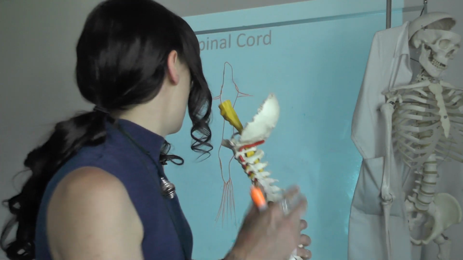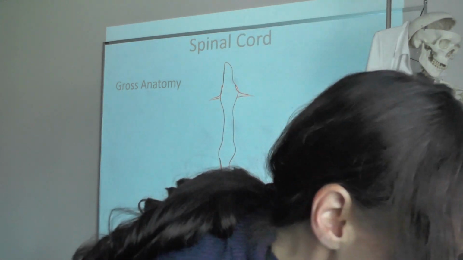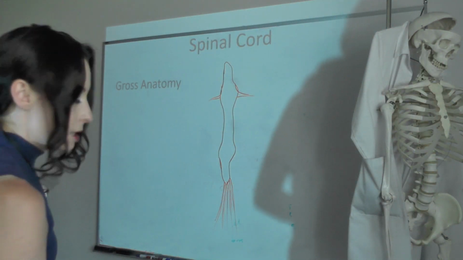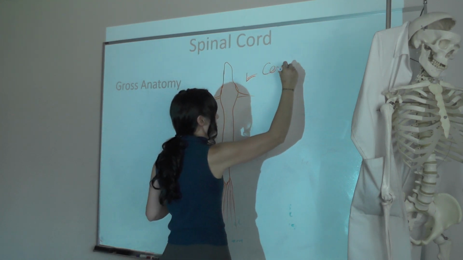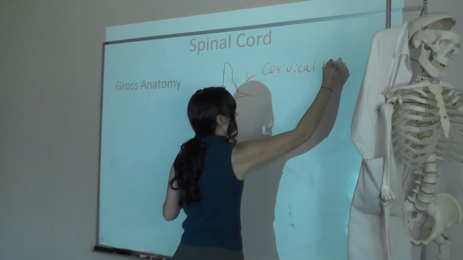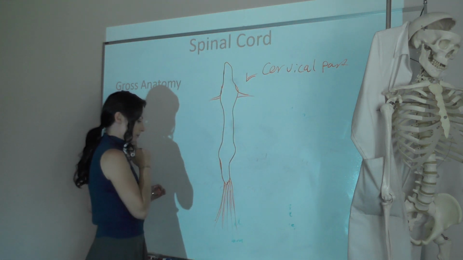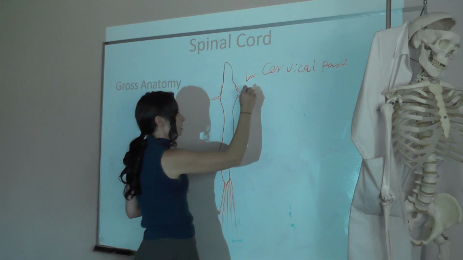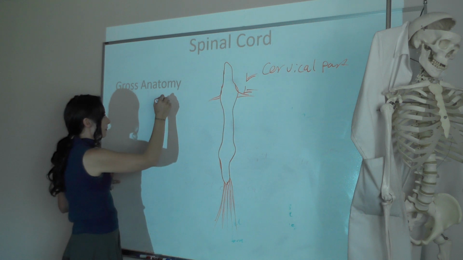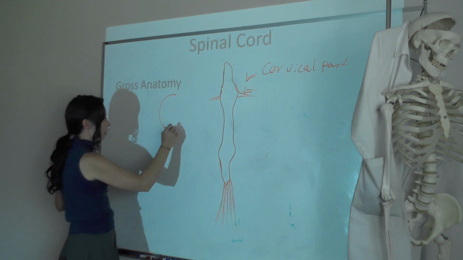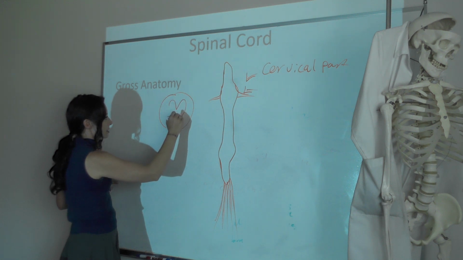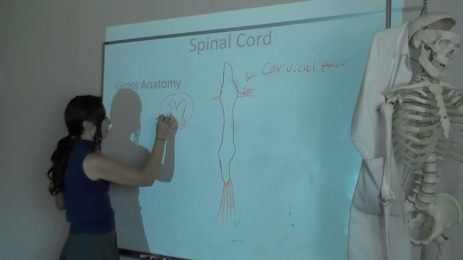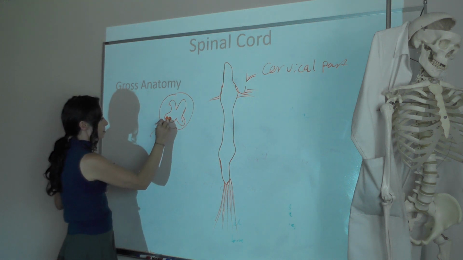Okay, so as far as our spinal cord goes, what are the different parts? The most anterior part is the cervical part. And it has this cervical enlargement here. If we look at a cross section of the spinal cord, we'll see that it has this deep gray matter that has all of our motor neuron somas in it.